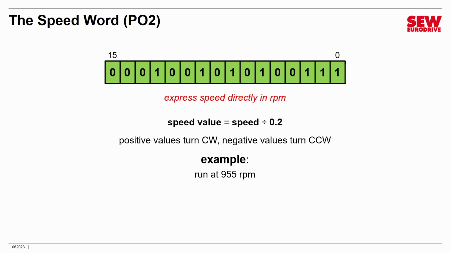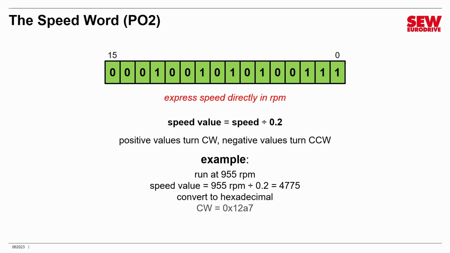What you would do is take 955 RPM and divide by 0.2. That would give you a speed value of 4,775. You would then convert that to hexadecimal. The clockwise version would be 12A7. The counterclockwise or negative version would be ED59, and that is what you would send in PO2. So your choice, it just depends how you have PO2 configured.